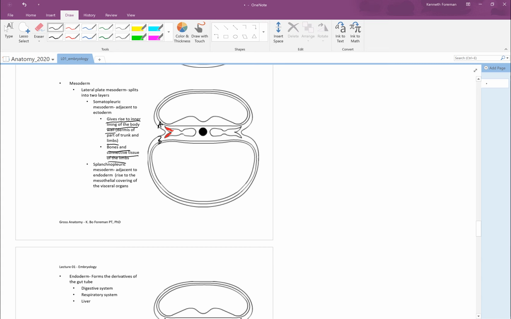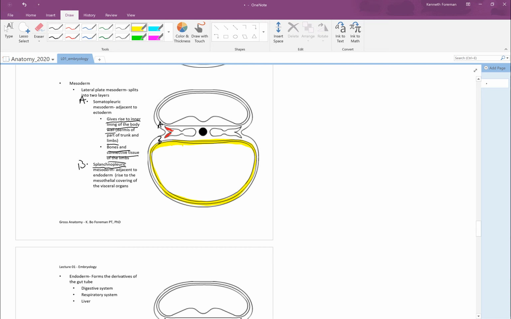Remember, the paraxial mesoderm, or the somite, developed our axial skeleton, whereas our appendicular skeleton is formed by the lateral plate mesoderm. Now the splanchnopleuric mesoderm, okay, B, is going to be adjacent to the endoderm. So here we can see the endoderm. And it's going to be adjacent to it.